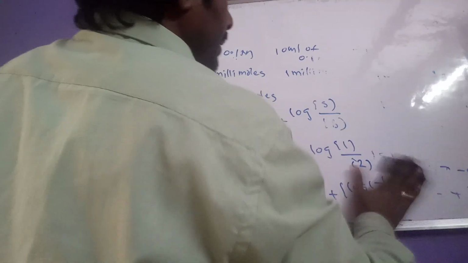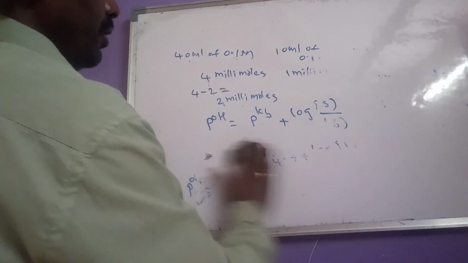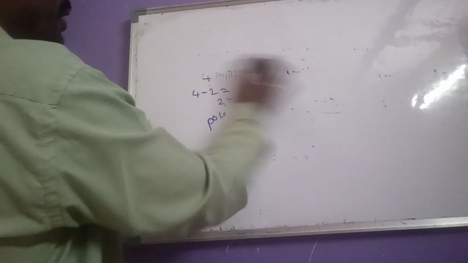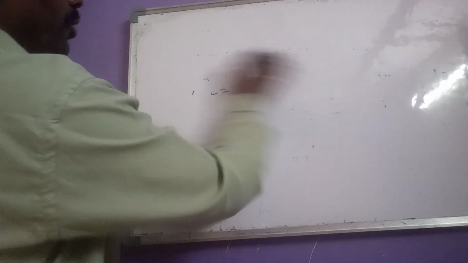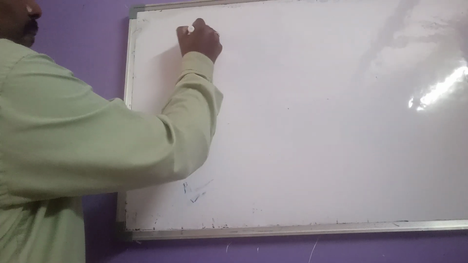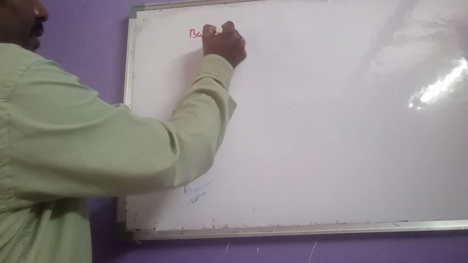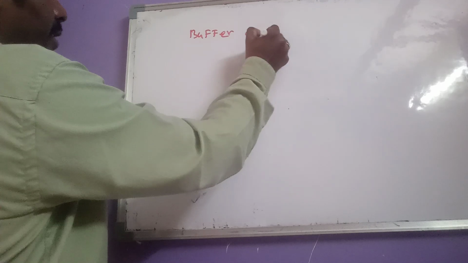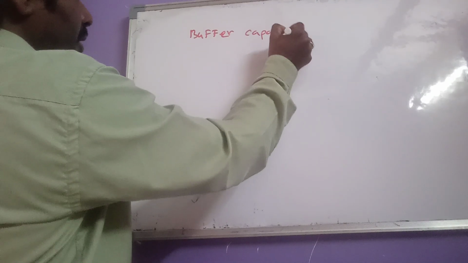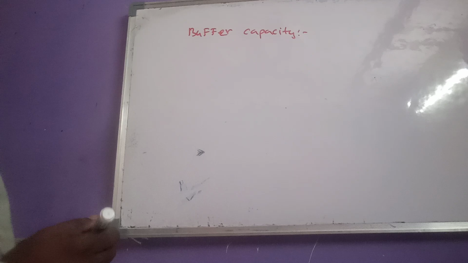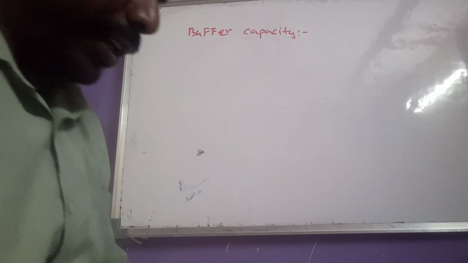Okay. In the similar way, you can solve the remaining questions related to the calculation of pH. Another topic in buffer solutions is buffer capacity. Let us see what buffer capacity is. A buffer solution resists the change in its pH value, but everything has a certain limit.